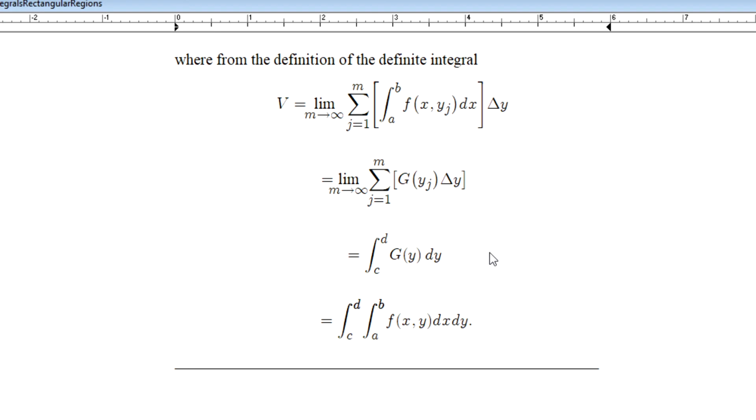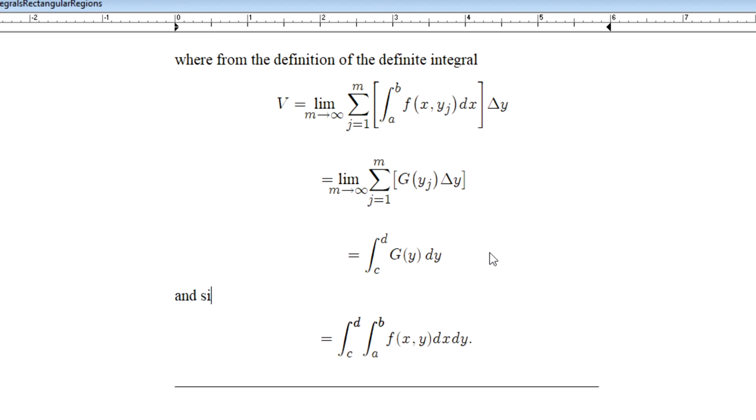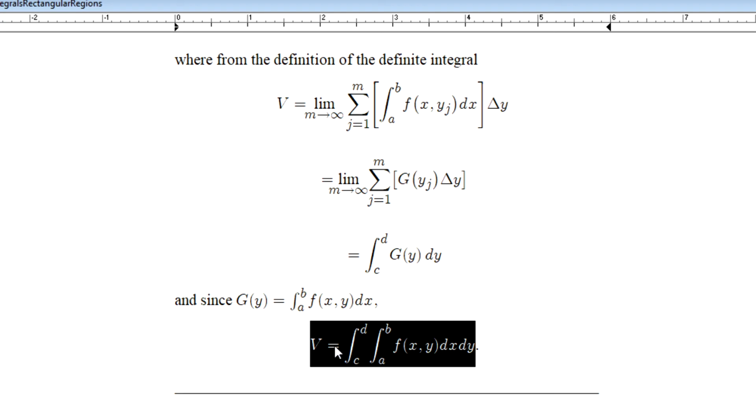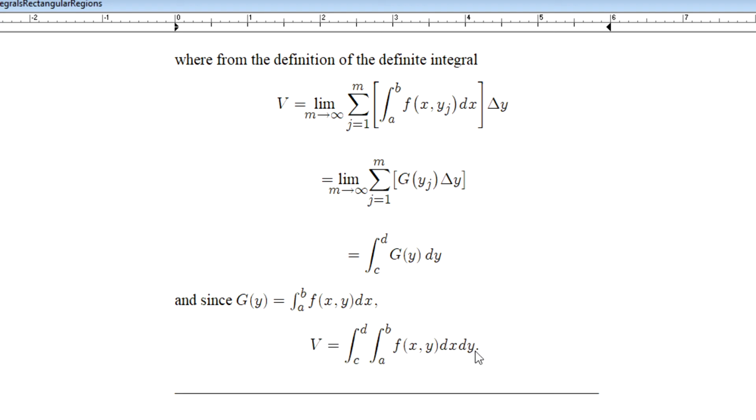And since we might say here, big G of y equals the integral from a to b for big F of x comma y dx, this quantity we know as the exact volume, V, can be calculated using this double integral calculation.